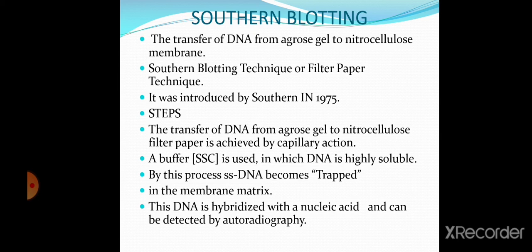So first, we are going to transfer the DNA from the agarose gel to nitrocellulose by capillary action, and then a buffer is used in which DNA is highly soluble. By doing this process, single stranded DNA becomes trapped in the membrane matrix. This DNA is hybridized with the nucleic acid and it can be detected by autoradiography.